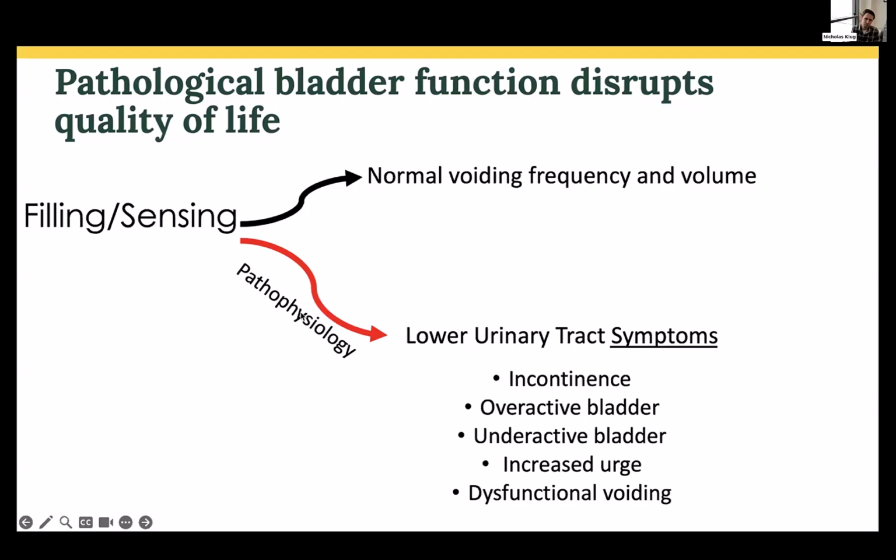However, there are many types of bladder pathology that result in a big range of symptoms that can vary from being inconvenient to even debilitating. And this includes incontinence, overactive bladder conditions, or having lots of frequent small voids, underactive bladder, which is probably a worse problem than overactive bladder, leading to the bladder just not being able to work anymore, increased urge frequency, and dysfunctional voiding.